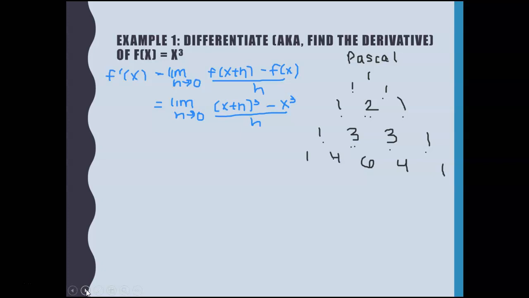So why do I care about this triangle now? Well, these rows, 1, 2, 1, 1, 3, 3, 1, 1, 4, 6, 4, 1, they represent the continuous coefficients of x plus h squared, or cubed, or to the 4th. So this first row here represents x plus h.